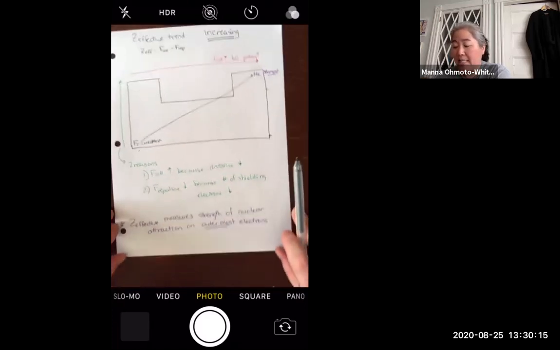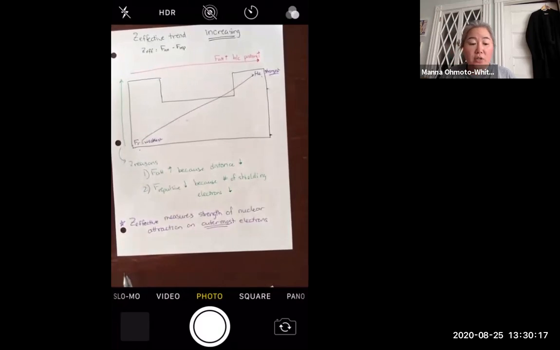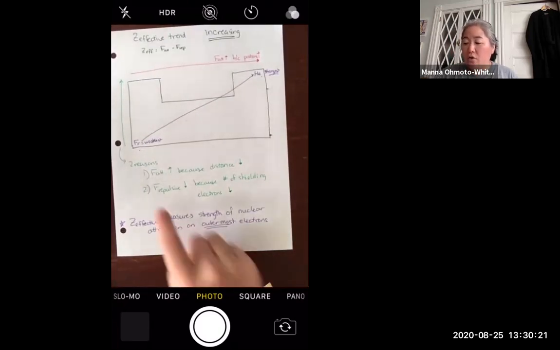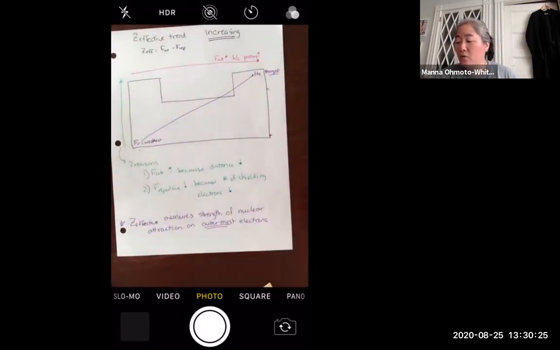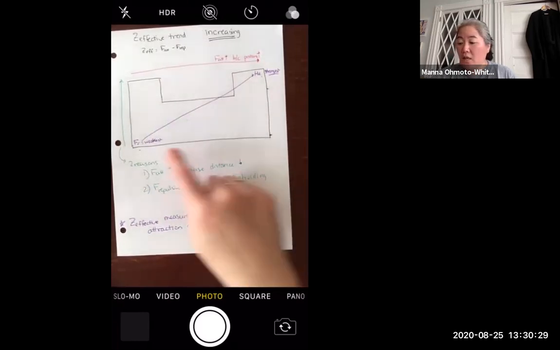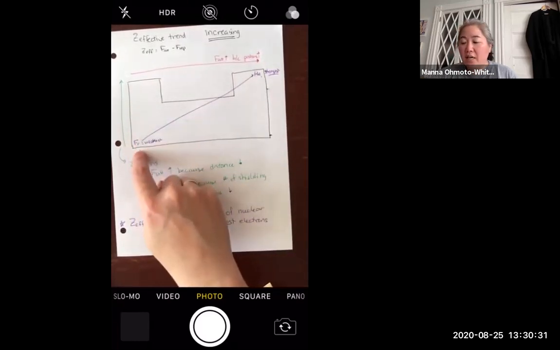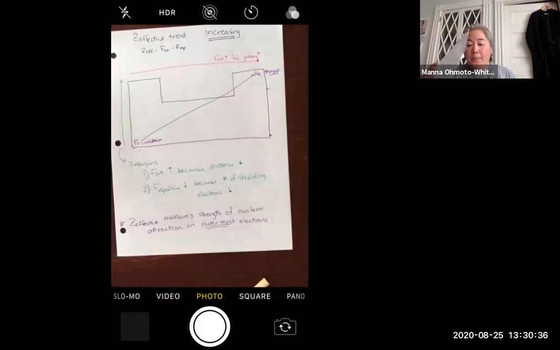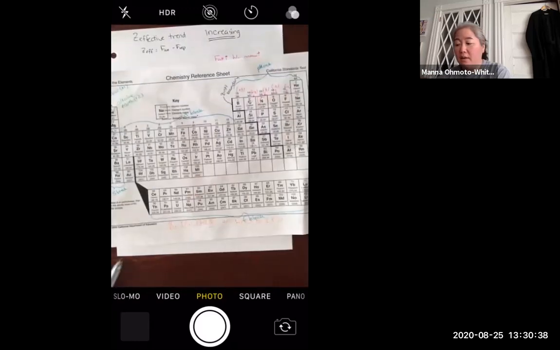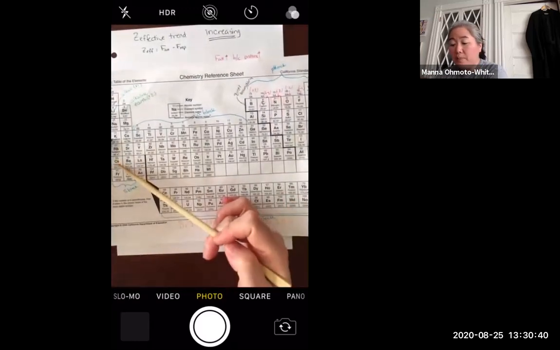It goes from bottom left to top right. So again, Z effective measures the strength of the nuclear attraction on the outermost electrons. The overall trend is as you go up, and as you go from left to right, F attractive increases, Z effective increases, or as I go on a diagonal from the bottom left of the periodic table to the top right. So I've already compared potassium and cesium.